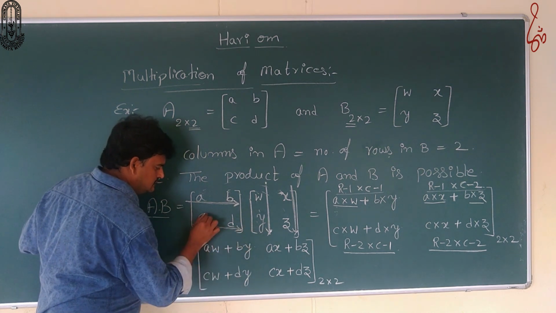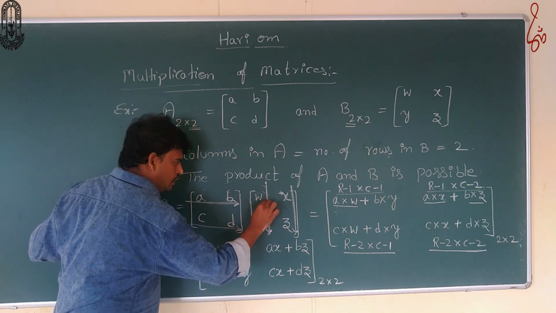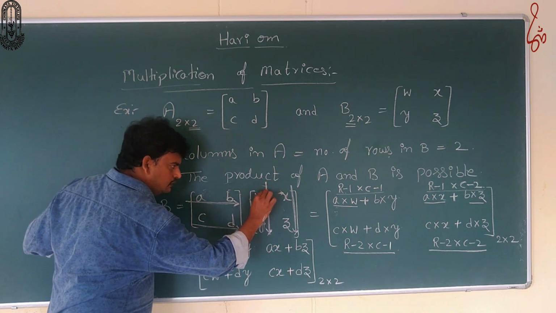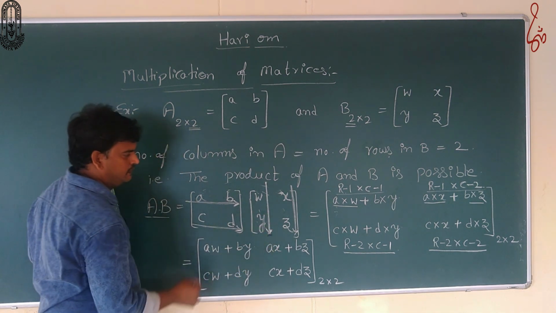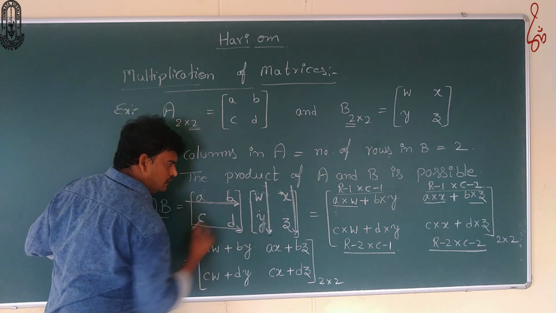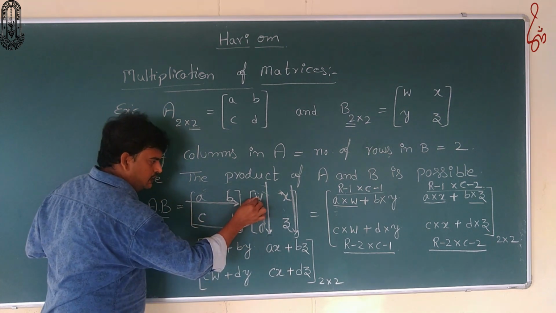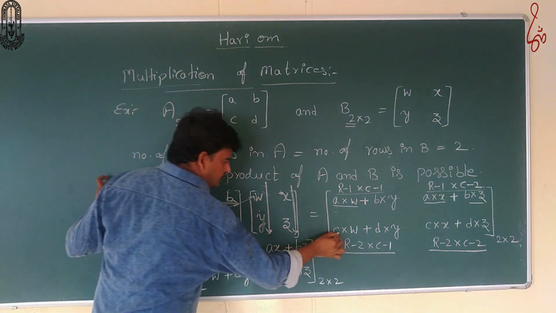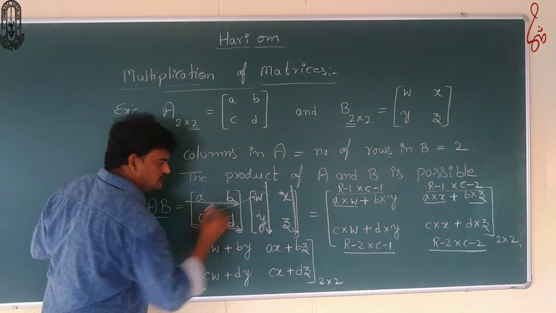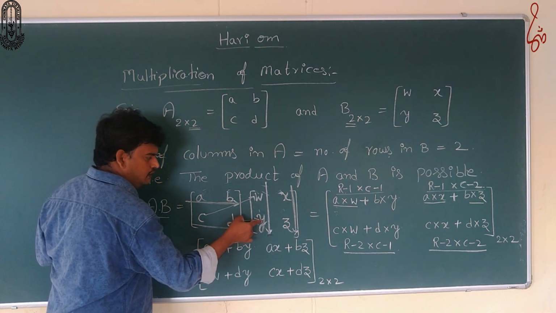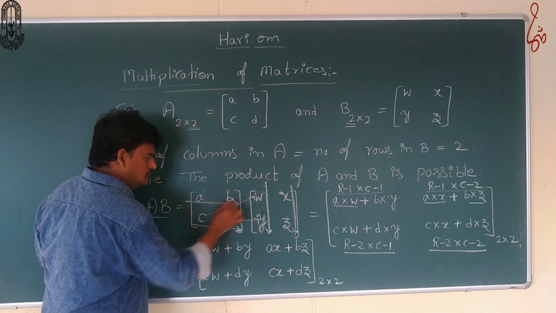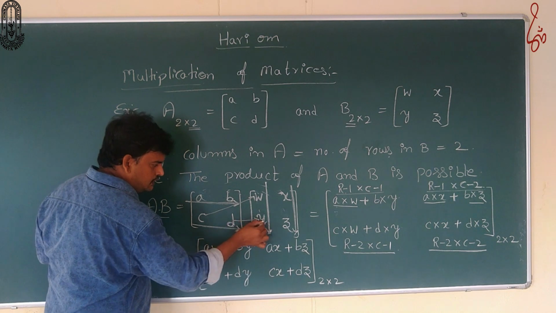We have 2 elements C and D, and here we have column 1, W and Y. Here the row 2 elements and column 1 elements we are going to multiply, which means the first element in the second row is C, the first element in the first column is W. So we are going to multiply C and W: C into W plus the second element in the second row and the second element in the first column, these two product, D into Y. So second row elements, first column elements: C into W plus D into Y.